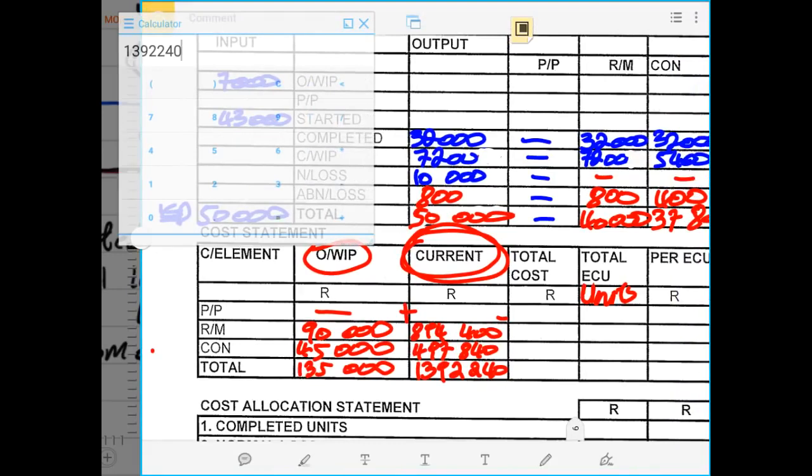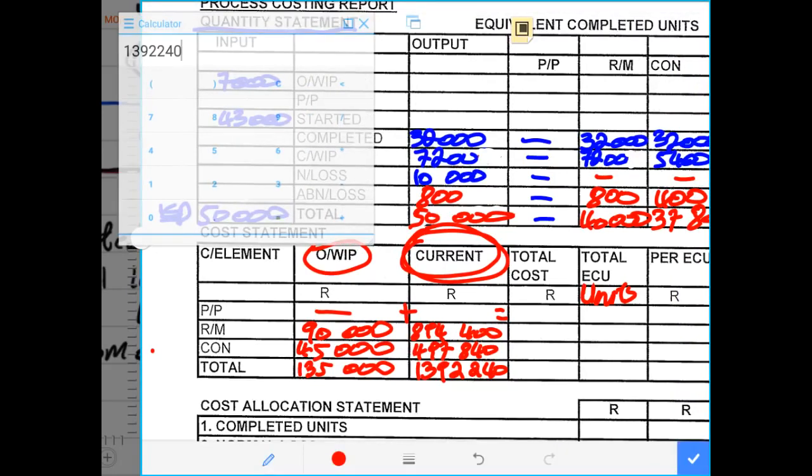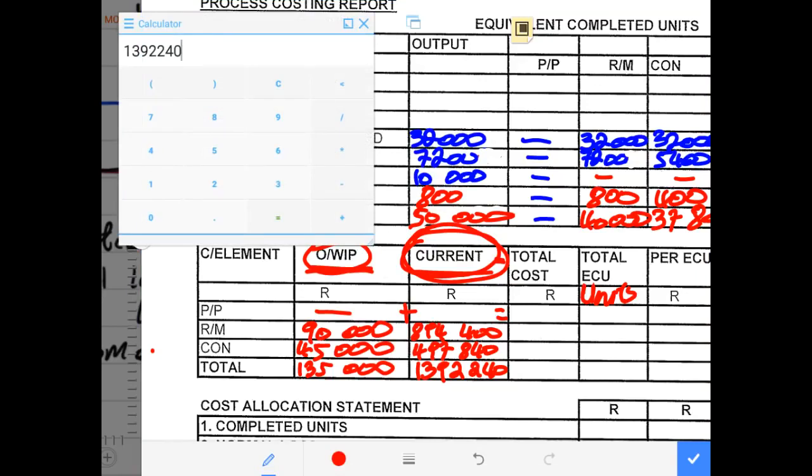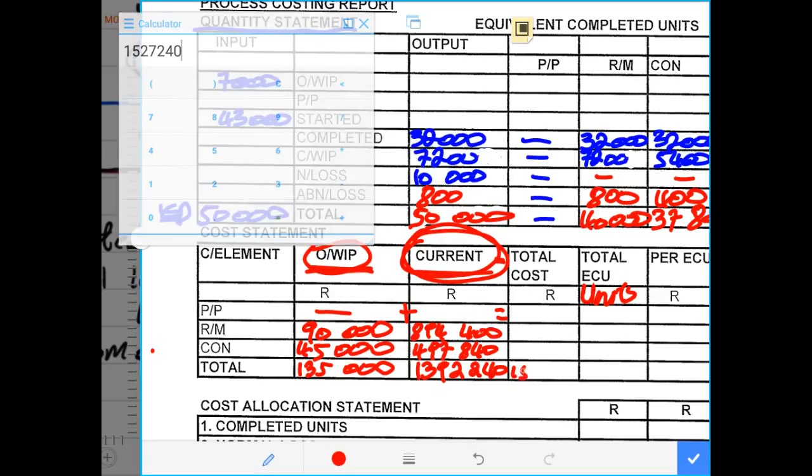Our total cost, as I mentioned, is the opening work in process cost plus the current cost. So we add the two: 1,392,240 plus 135,000 gives us 1,527,240. That is the total of the totals.